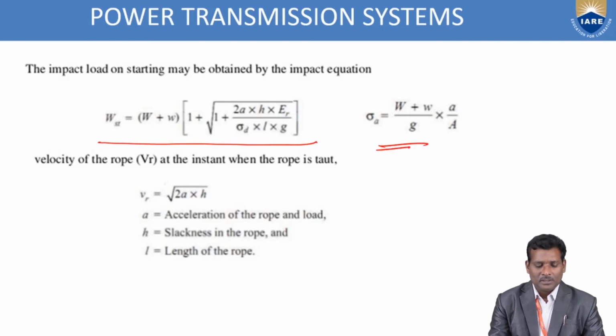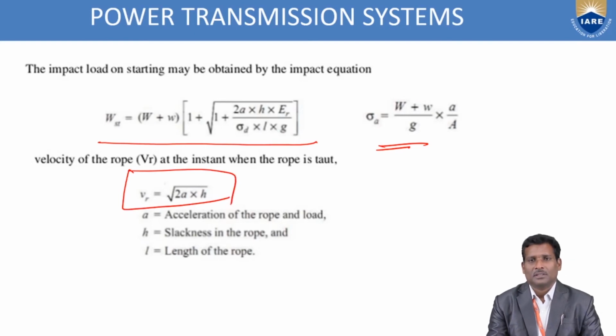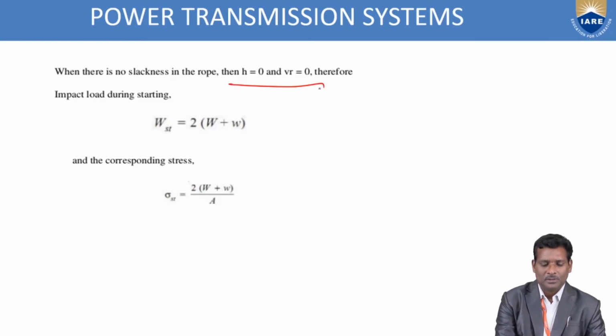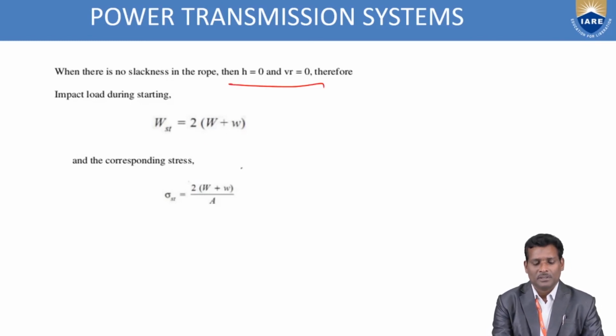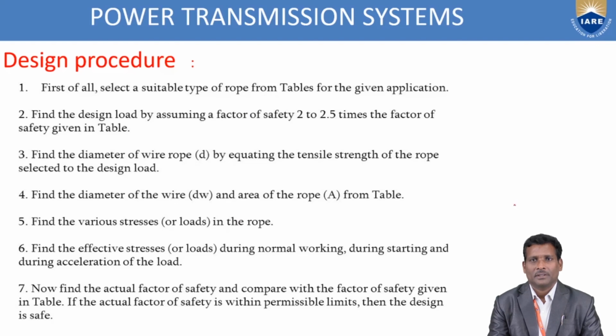The velocity of the rope can be calculated using the relation square root of 2ah. With no slackness in the rope, h is equal to 0 and the velocity is also 0. Substituting these two values in the previous equation, we get the impact load during starting, and we also calculate the corresponding stress.